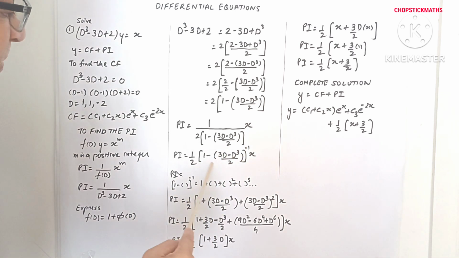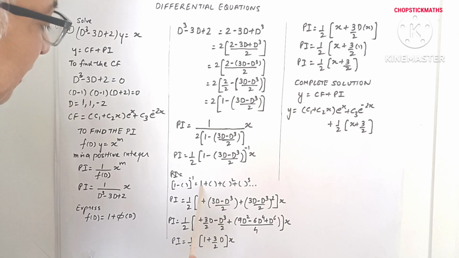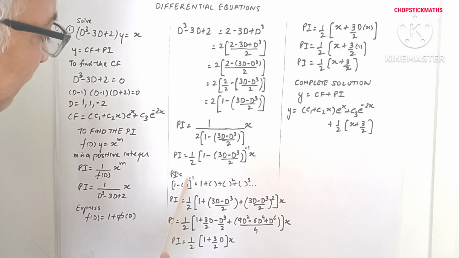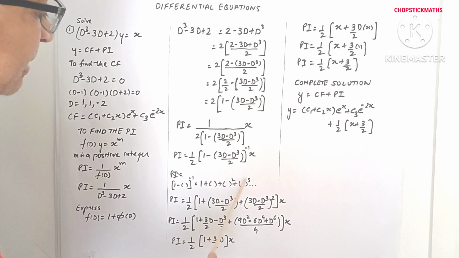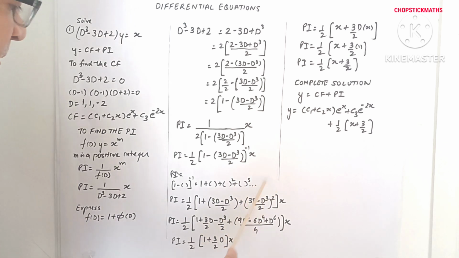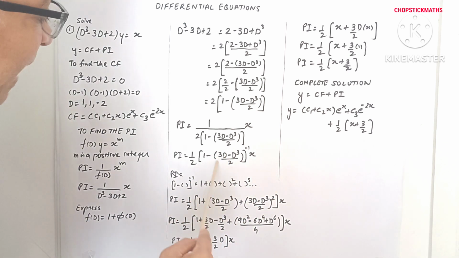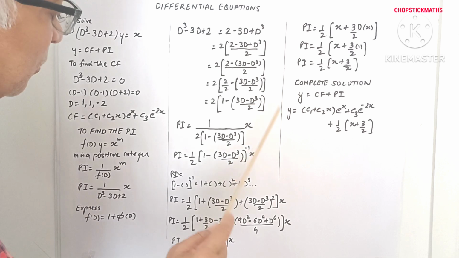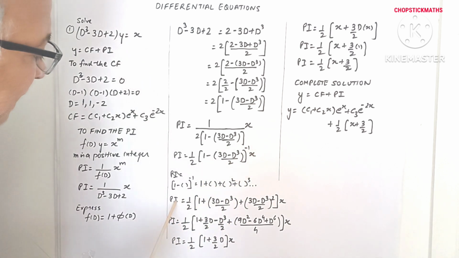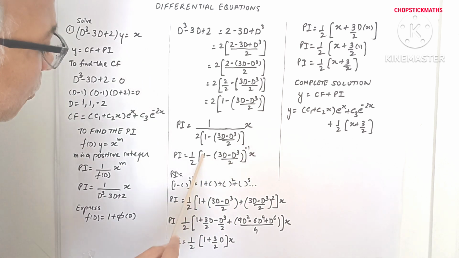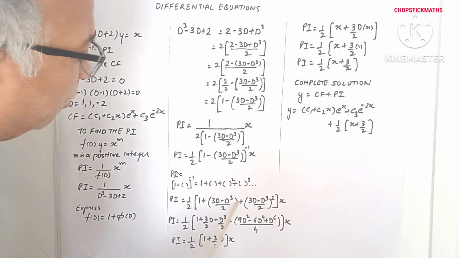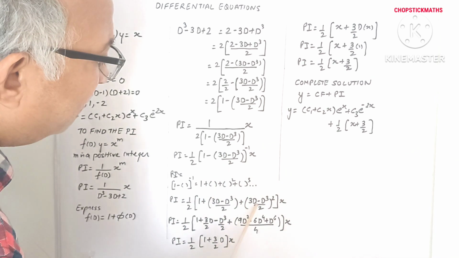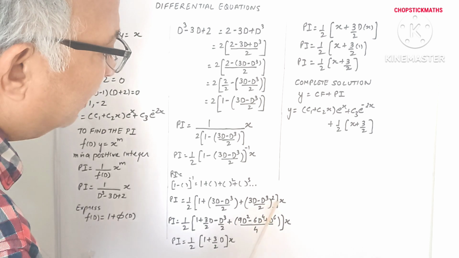Now we have to expand this using this particular expansion: (1 minus bracket) raised to minus 1 is 1 plus bracket plus bracket square plus bracket cube and so on. So this bracket is (3D minus D cube) upon 2. So this expansion would be PI is equal to 1 upon 2 into (1 plus (3D minus D cube) upon 2 plus ((3D minus D cube) upon 2) the whole square) into x.